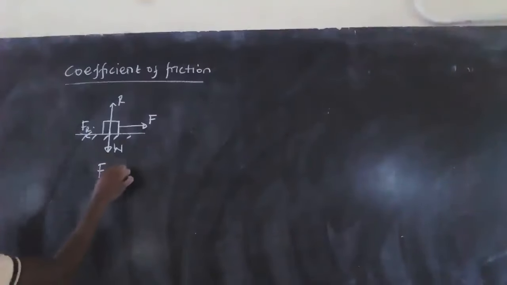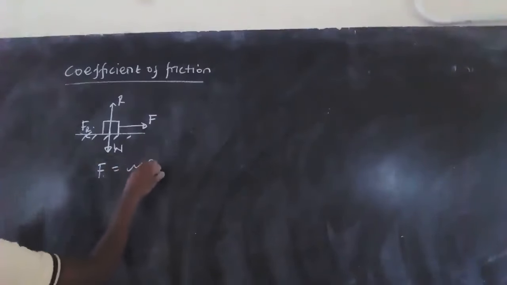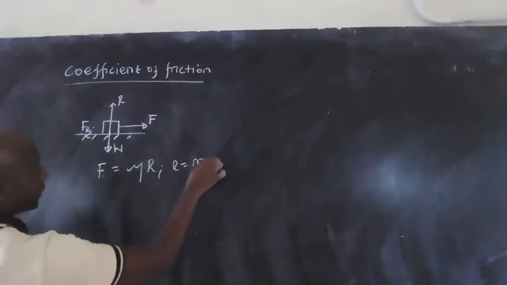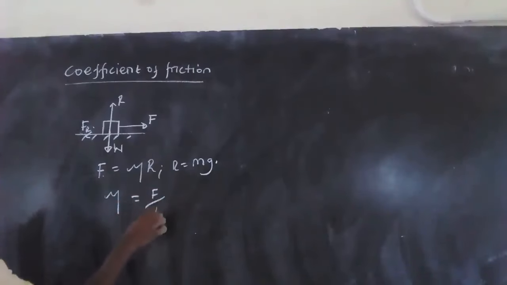Here there is frictional force. So we shall say that our frictional force is equal to mu R, where R is equal to mg. So our coefficient of friction will now become F over R.